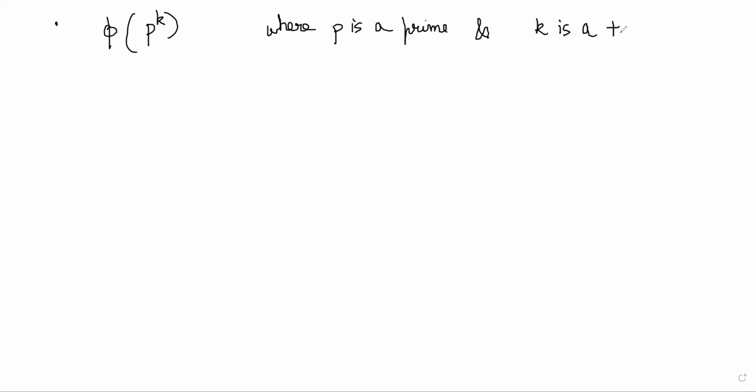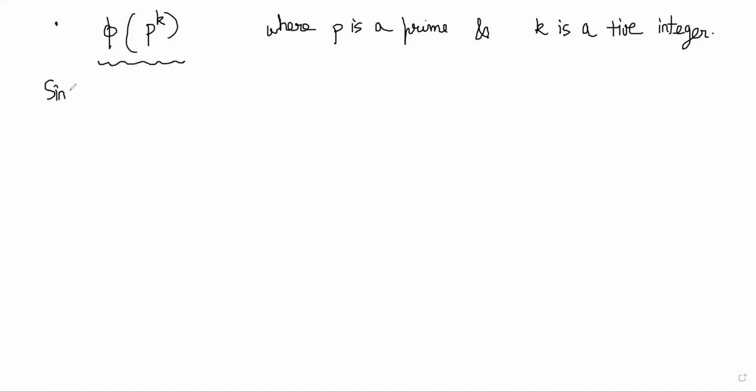So the first thing is, how do we find phi of p power k, where p is a prime and k is a positive integer? So the meaning of phi of p power k is what? It means all the numbers less than p power k which are relatively prime to p power k. So which ones will it be? Let's think about it.